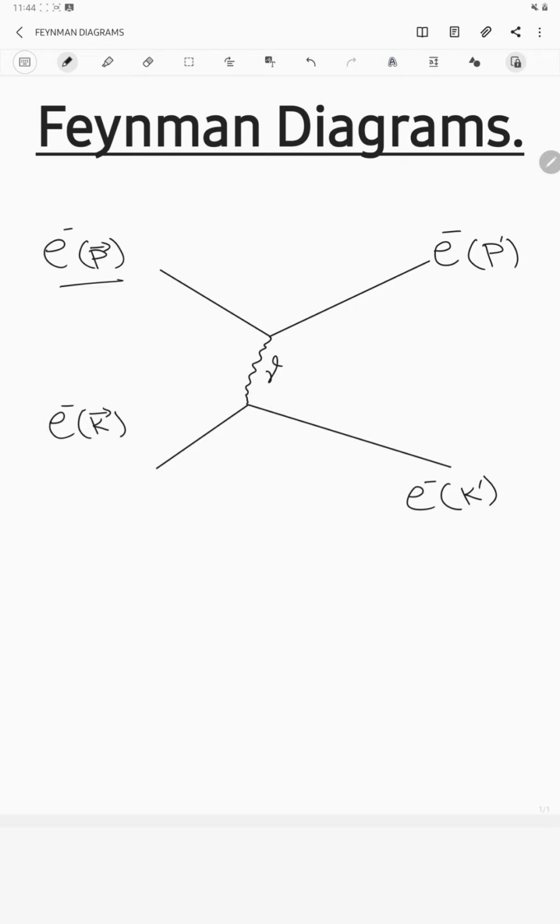Now, where does the momentum go, right? That's the question. Well, due to the conservation of momentum, the momentum actually went into the momentum of the photon. So let's call it q, which would simply then be p minus p prime for this particular electron, right?